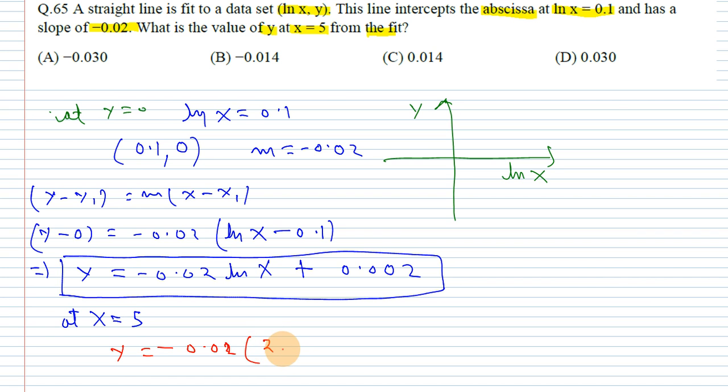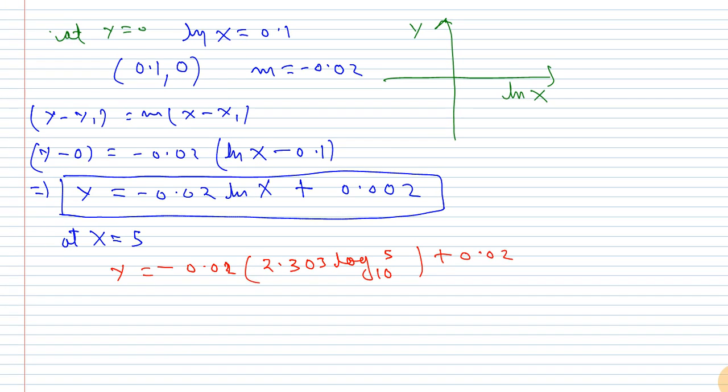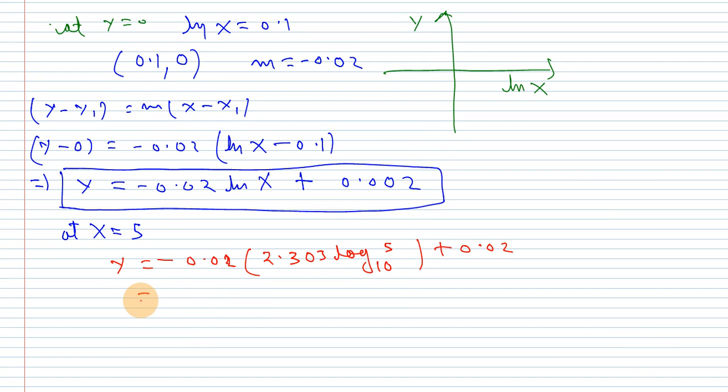If we change this into log x base 10, then it becomes 2.303 log base 10, and we put x equals 5 over here, plus 0.02, because we have to first find the value of y, therefore we have to change the ln x into log x.